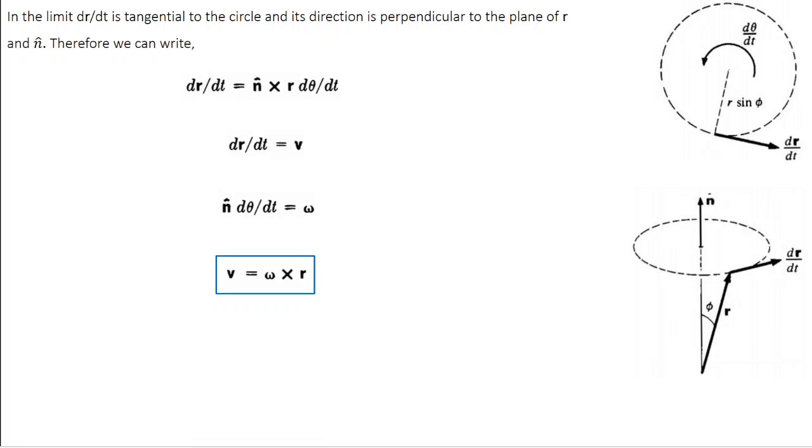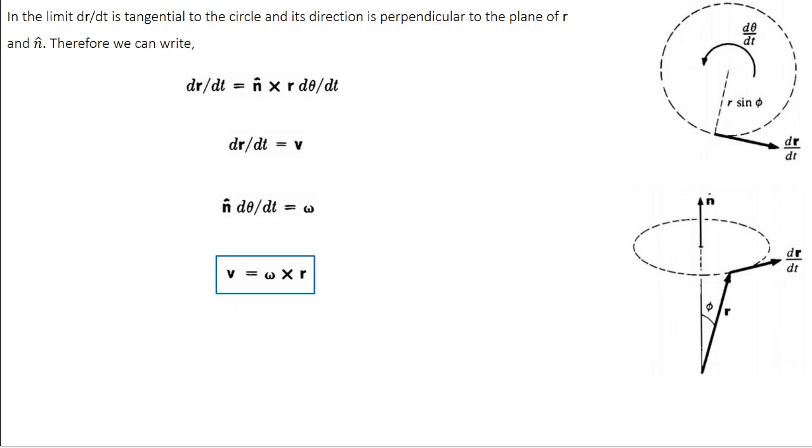Now let's talk about the directions here. In the limit delta t tends to 0, you can see that dr by dt is tangential to the circle, and also perpendicular to the plane of r and n cap. From the definition of the cross product, we know that the cross product of two vectors is perpendicular to both the vectors.